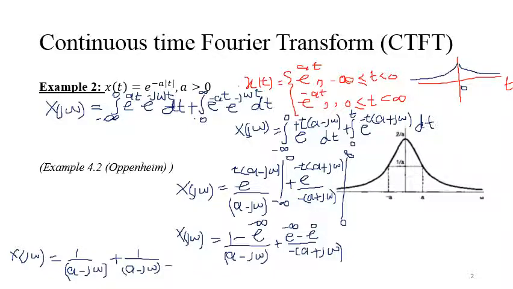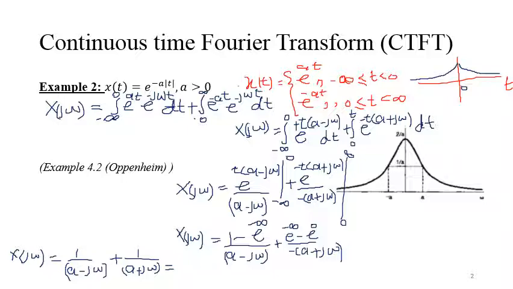So taking the LCM, the LCM will be a minus j omega times a plus j omega, like 1 over a minus b plus 1 over a plus b.